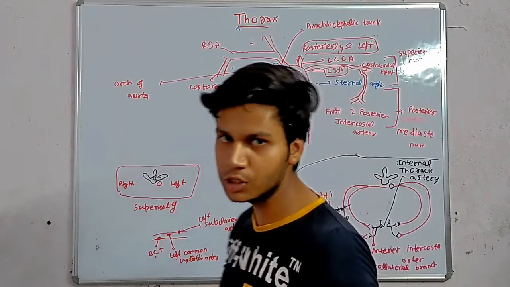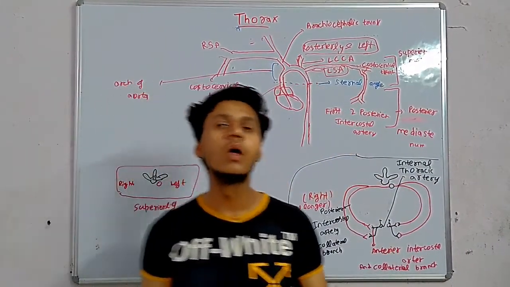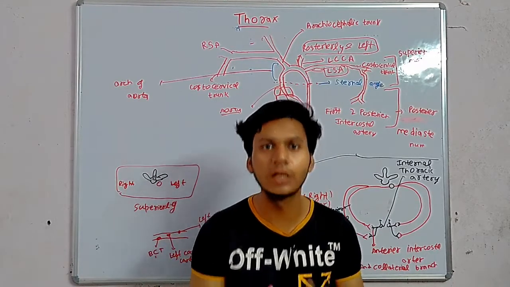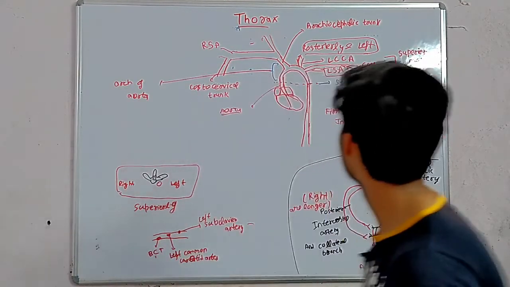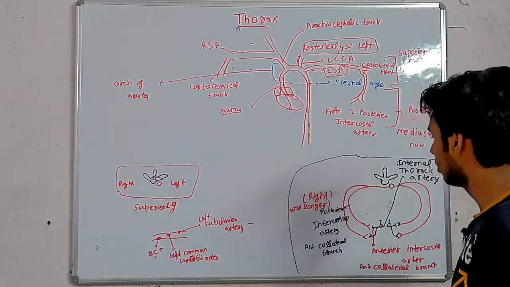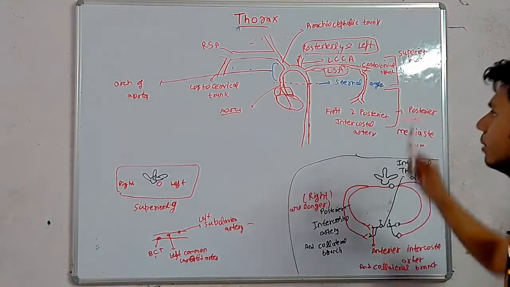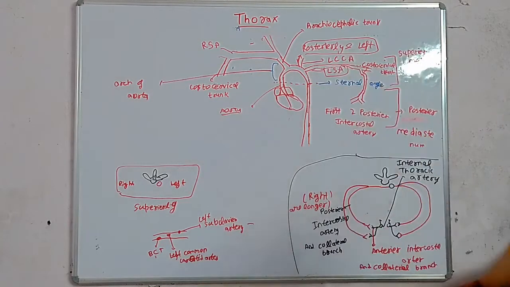The costocervical trunk is also a branch of the subclavian artery, and so is the internal thoracic artery.